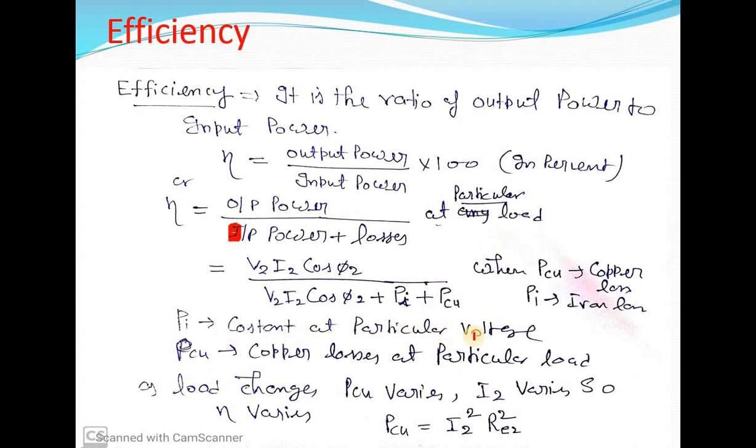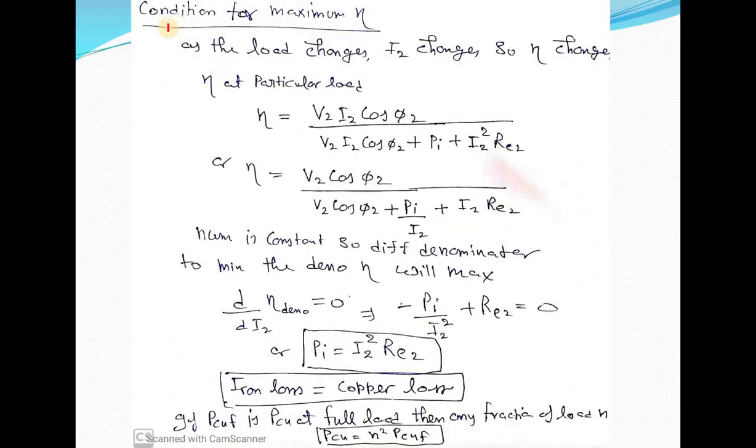Pi is constant at a particular voltage, and PCU is the copper loss at a particular load. As the load changes, PCU varies. So that's why at a particular load the efficiency of the transformer will be maximum. At what load the efficiency will be maximum, we can calculate easily. So this is the condition for maximum efficiency.